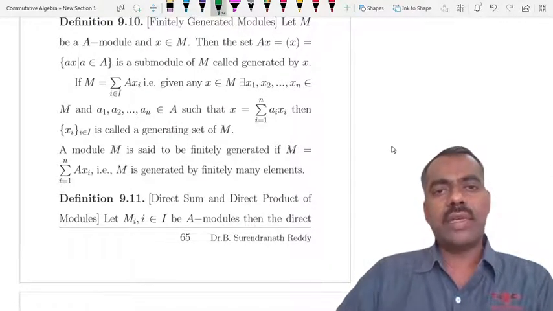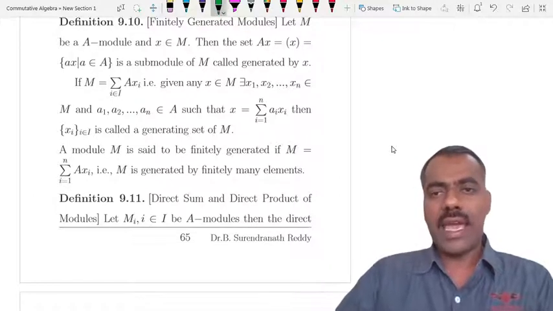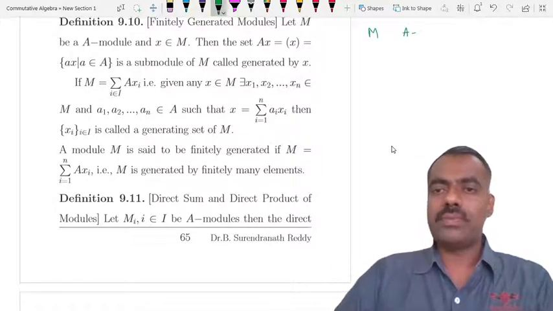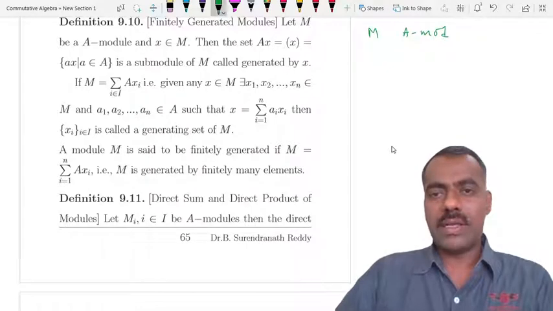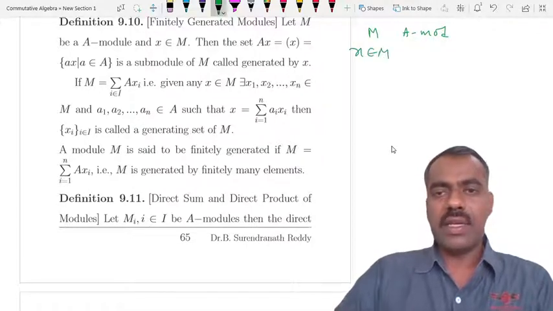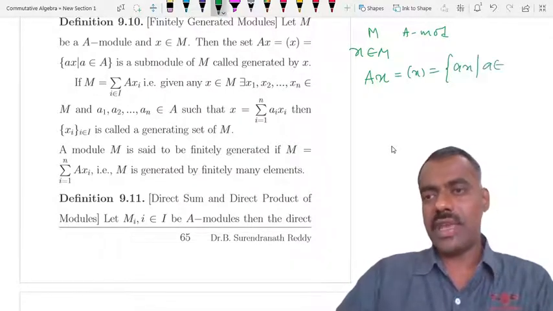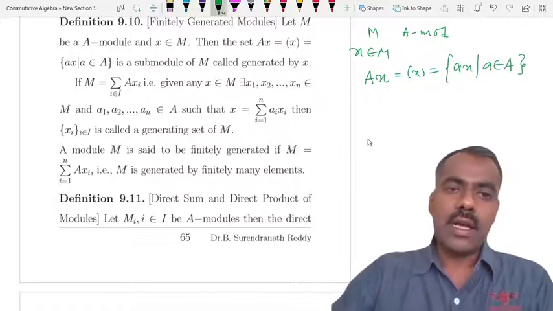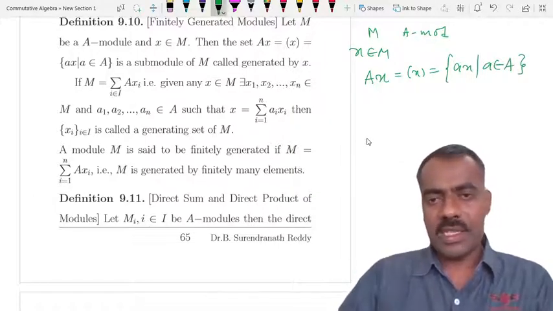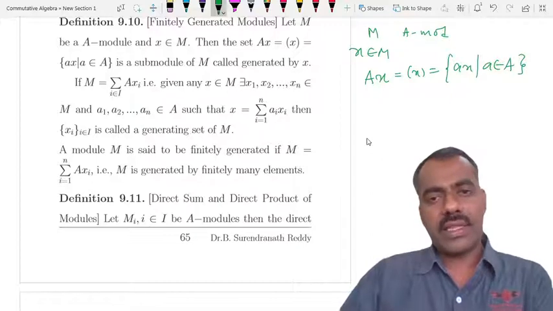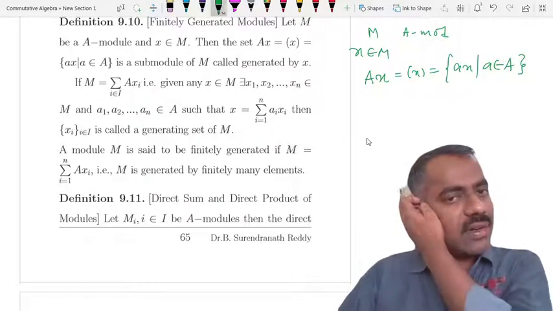Take M as an A module, and suppose you take x in M. Then Ax is all elements generated by x. You can call it in this way: this is nothing but a times x, where a is in A. So if M is the sum of A xi's, then x1, x2, ..., xn is called a generating set.